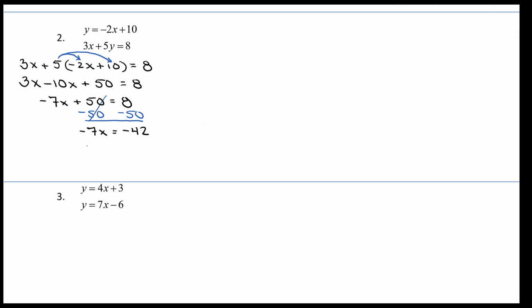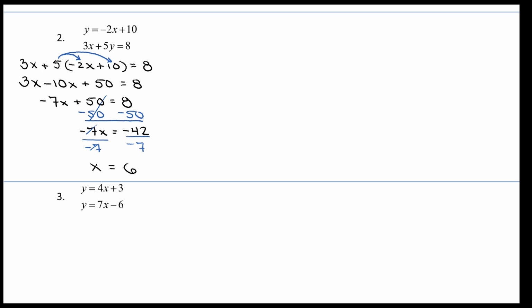So on the left-hand side, negative 7 divided by negative 7, they will divide out to just give me a 1. So we'll just have 1x. And negative 42 divided by negative 7 will give me a positive 6. So x is equal to 6.